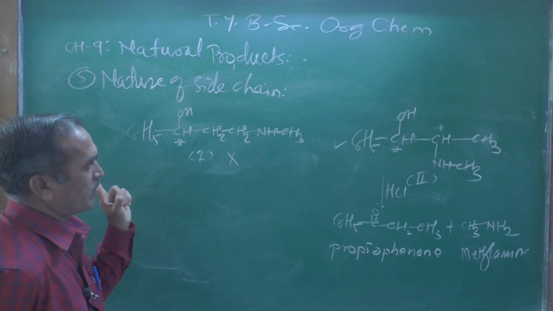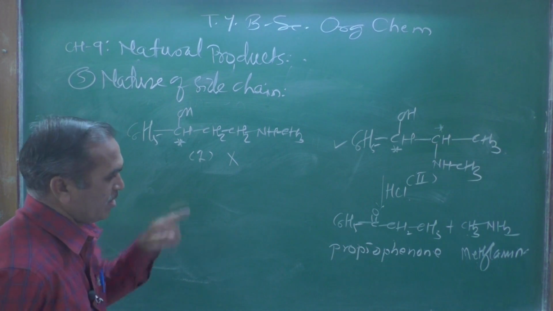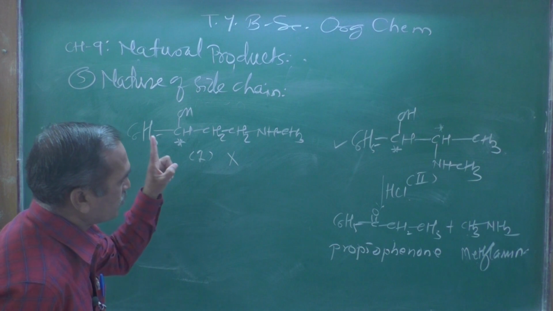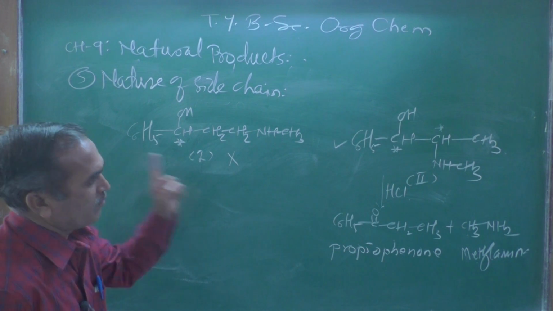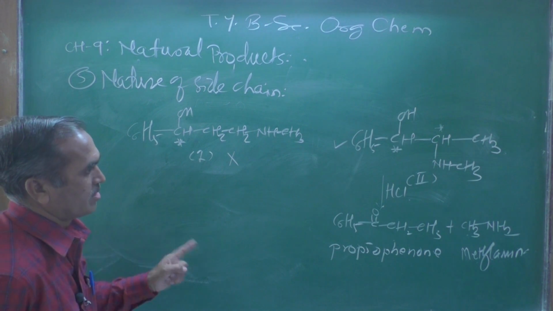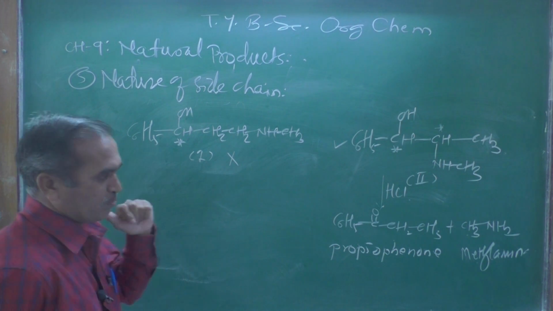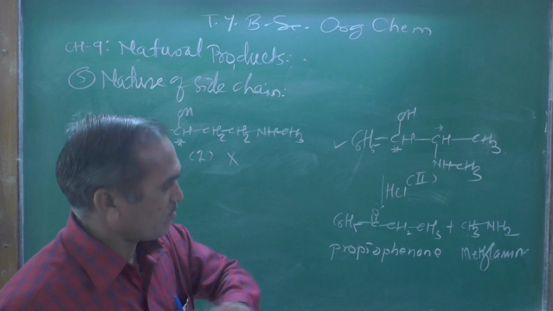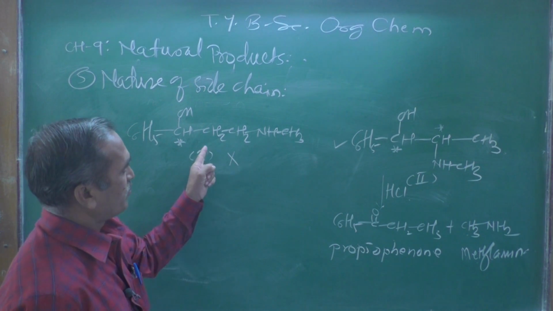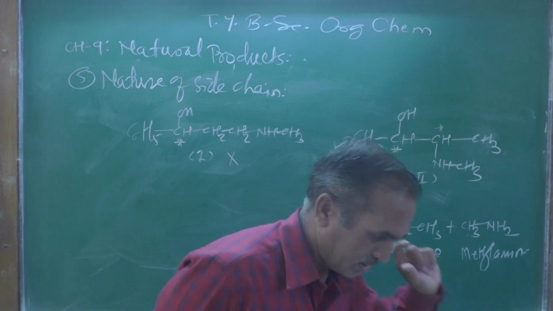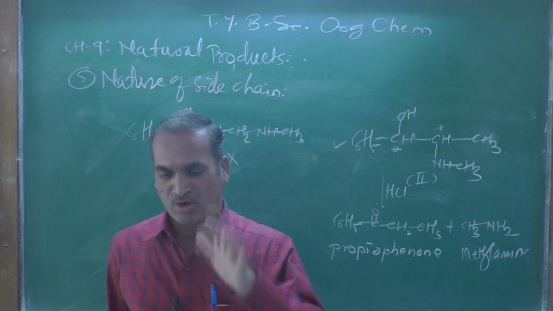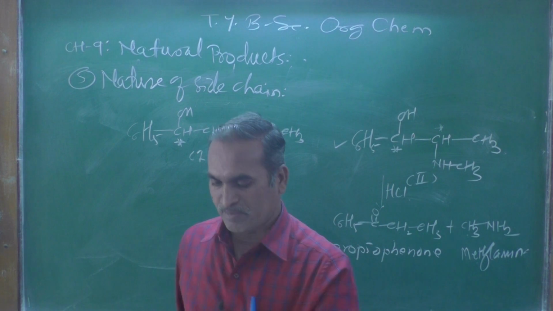The reason behind it: if you heat this compound with concentrated HCl, it does not produce propanophenone as well as methylamine, and therefore there is no possibility of it being the structure of ephedrine.